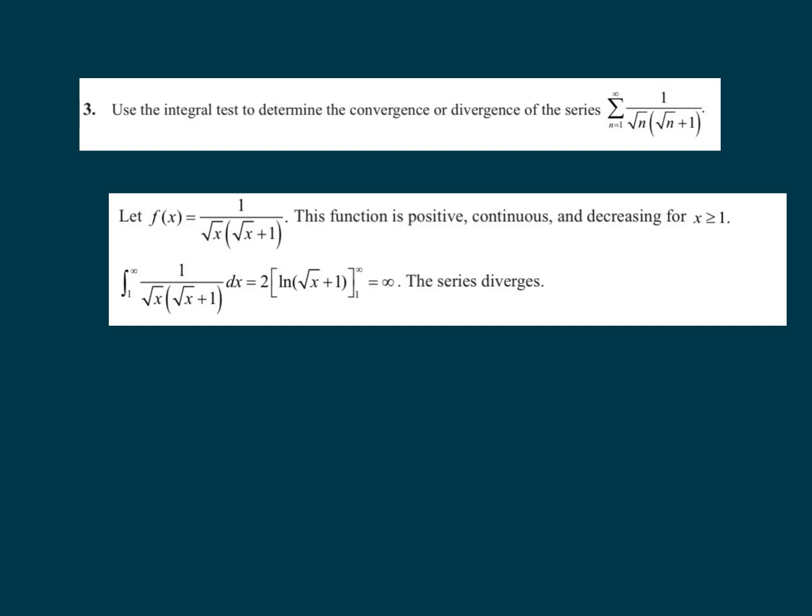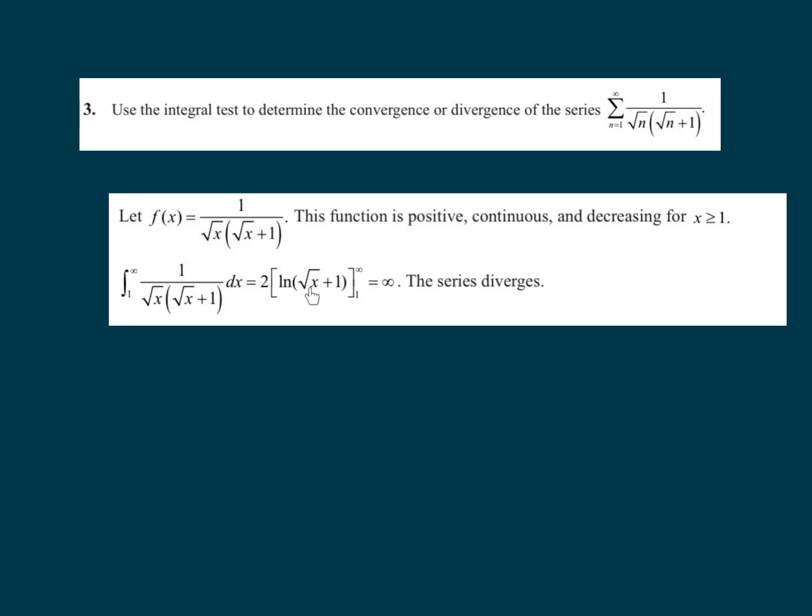So we do the integral from 1 to infinity of this function. If this integral converges, the series converges. The antiderivative of this function is natural log of the square root of x plus 1. Why? Because the derivative of this function is 1 divided by the function multiplied by the derivative of the square root of x.